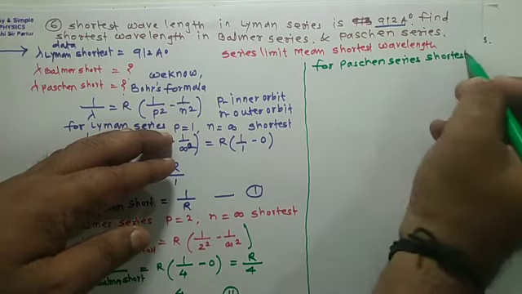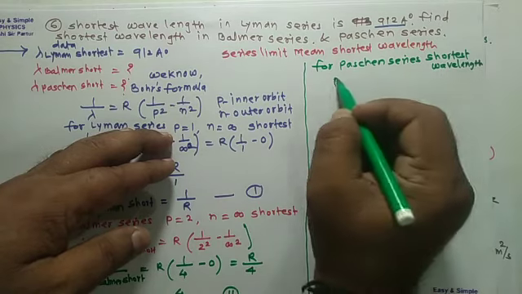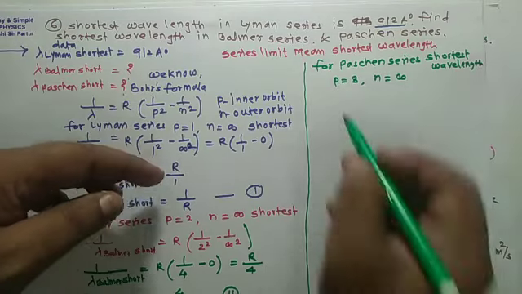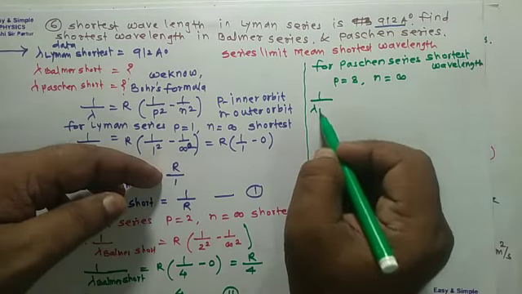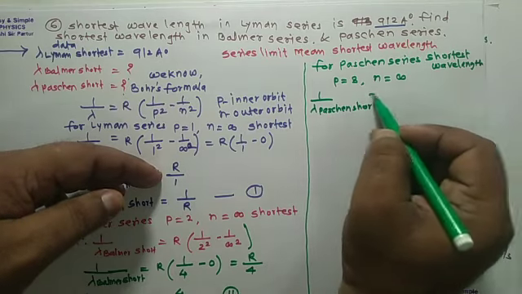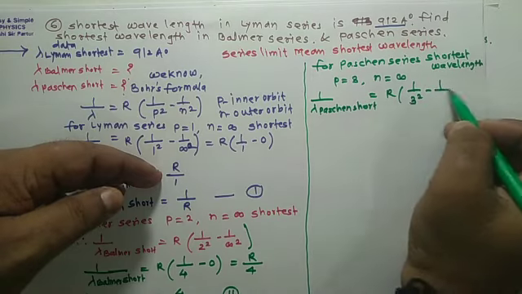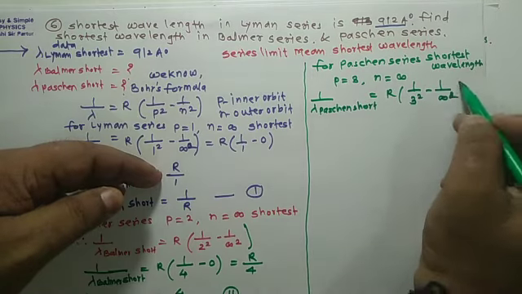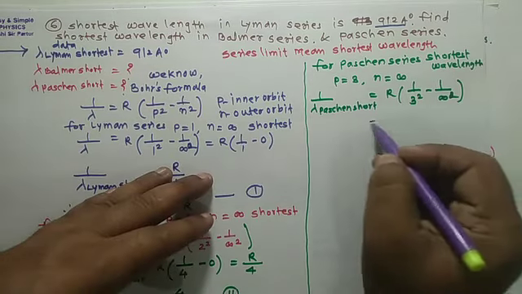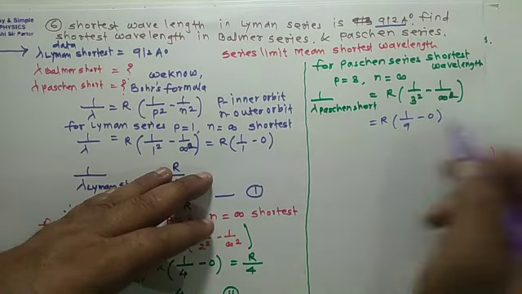Similarly, for Paschen series, shortest wavelength, p equal to 3, n equal to infinity. What happened? 1 upon lambda Paschen shortest is equal to R in bracket 1 upon 3 square minus 1 upon infinity square. So here we can write R in bracket 1 upon 9 minus 0.